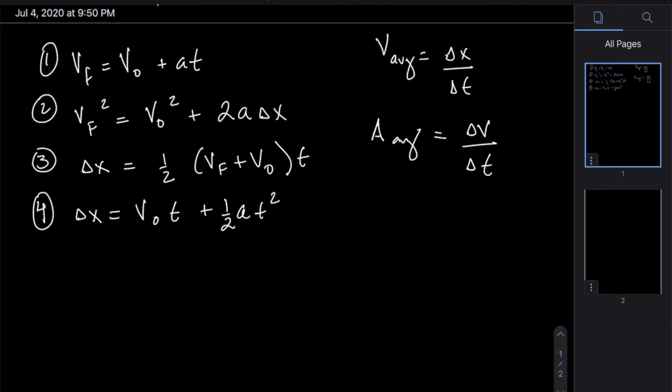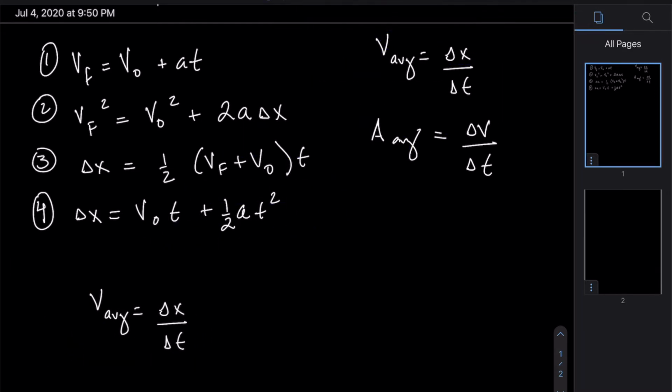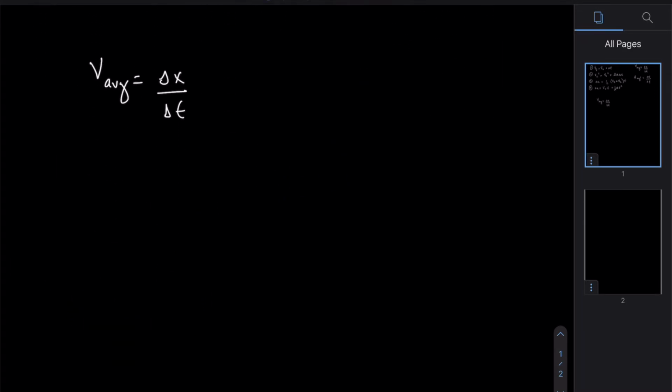So with that being said, for the first one, we're going to start out with this equation right here. Again, the average velocity is equal to the change in position over the change in time.